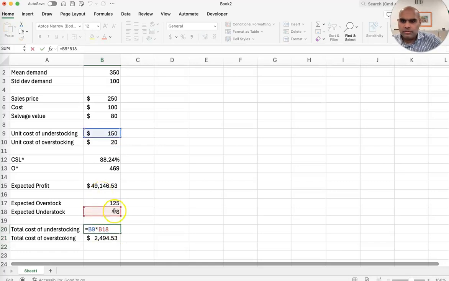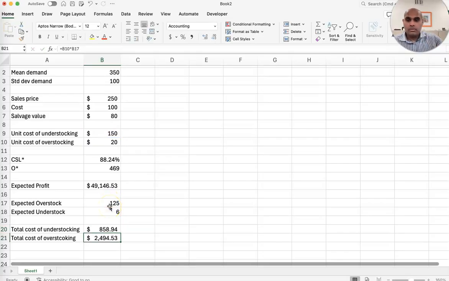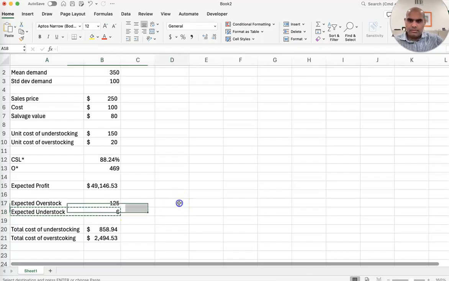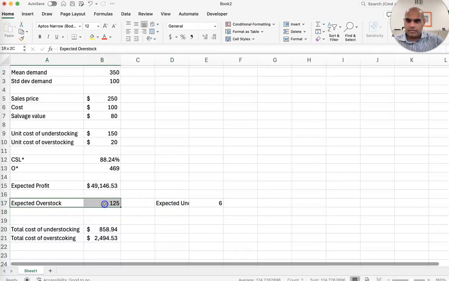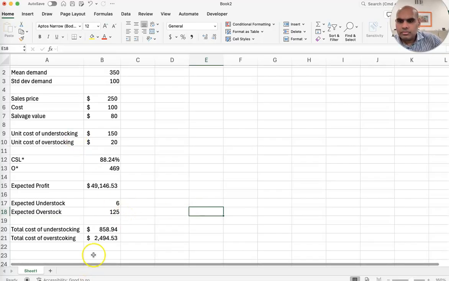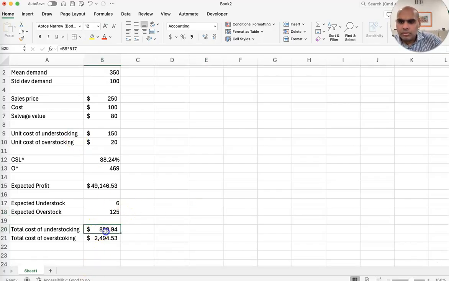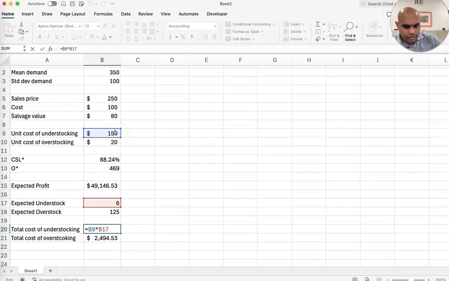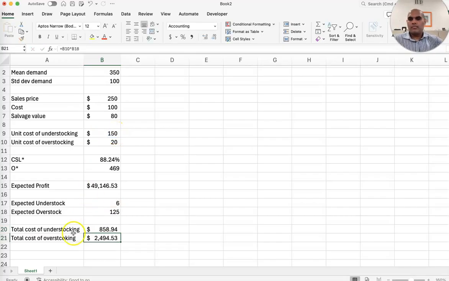This is understocking. I don't know why I switched these. It's bugging me now, so let me just fix that. It really doesn't matter, but it's going to bug me. So understocking is understocking and overstocking is overstocking. Okay, good.